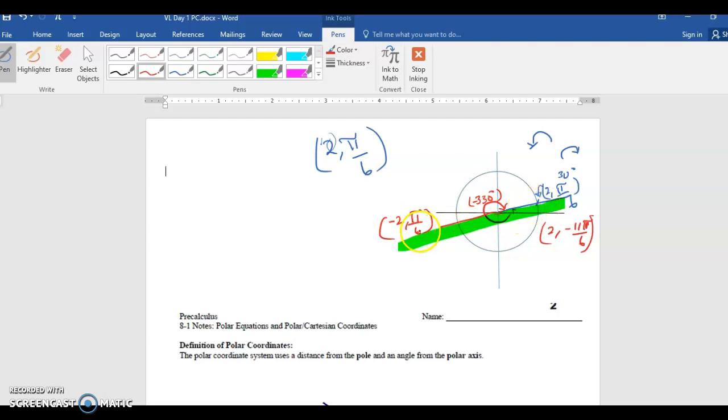So that is the other representation. You're going only 180 degrees from here to here. It's just 180 degrees away. I'll tell you why I'm mentioning 180 in a bit. When you move on the other side, you get negative 2, pi over 6, and that's how you represent the other point.